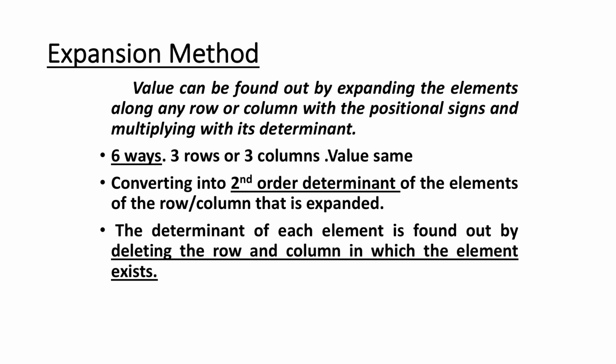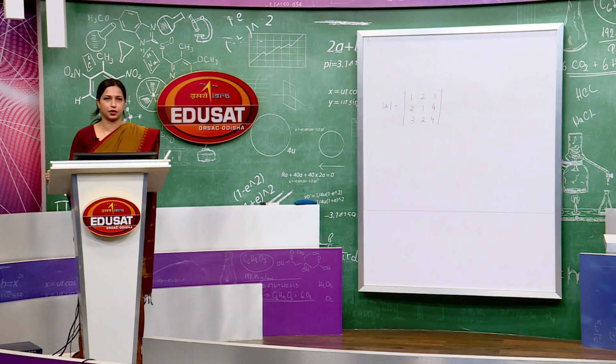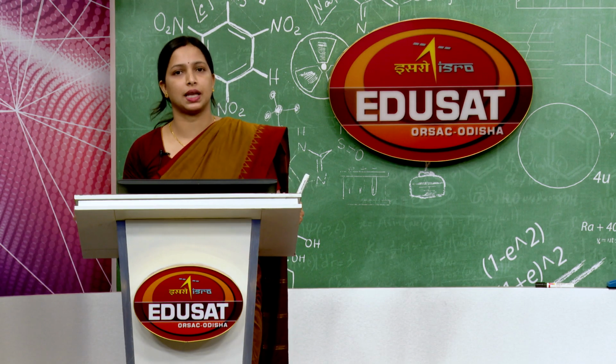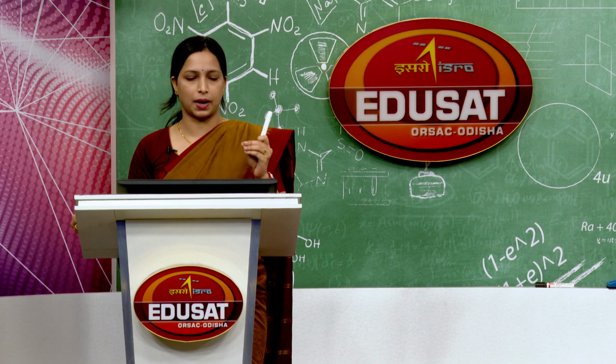Take a look at the slide. Generally we find the value of the determinant by expanding along the first row, but the answer will be the same irrespective of any row or any column you expand, right.